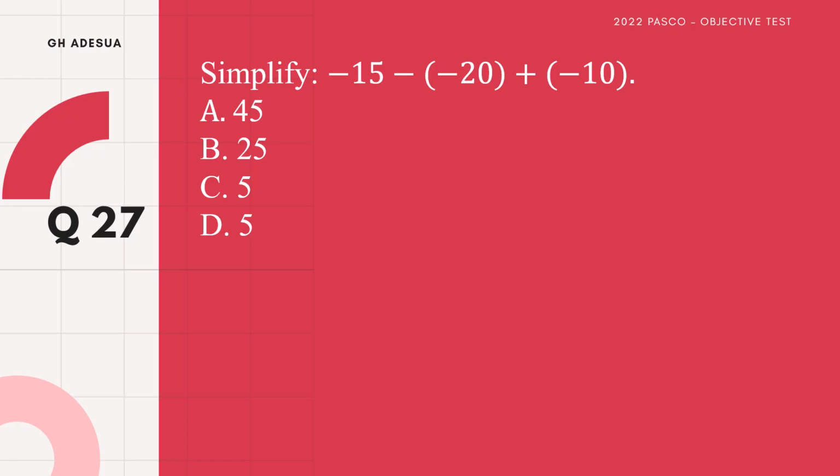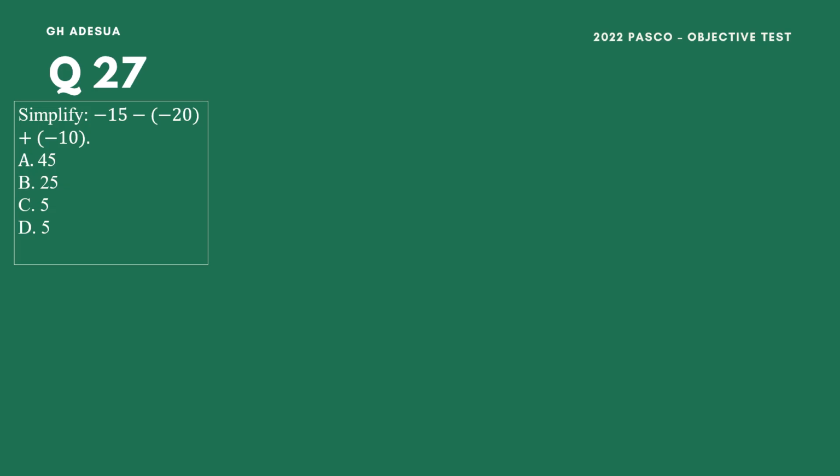Now the expression is minus bracket negative bracket close plus bracket negative 10. A very clear case of BODMAS.